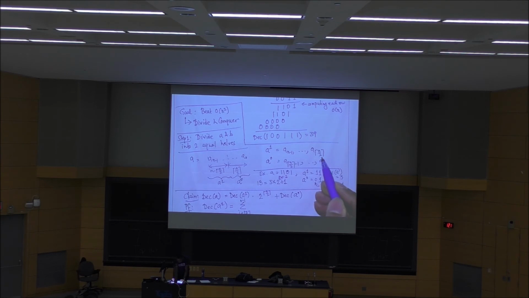I'm starting from this index, so I'm just indexing i from here. So it's A_i times 2 to the i, but then I have to subtract off an n over 2, because when i is n over 2, this is my least significant bit, so it should get multiplied by 1.